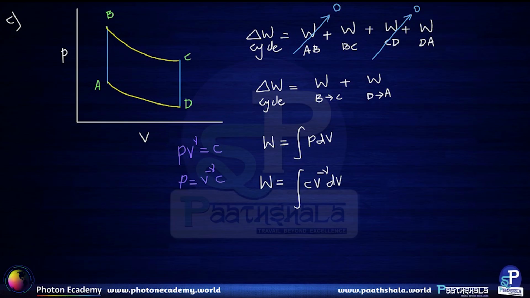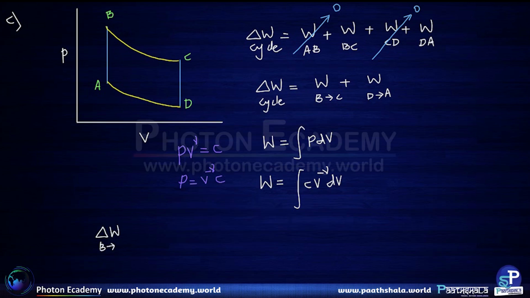So for the work done in the path B to C, we can write integral from volume at B to volume at C, C V power minus gamma dV.